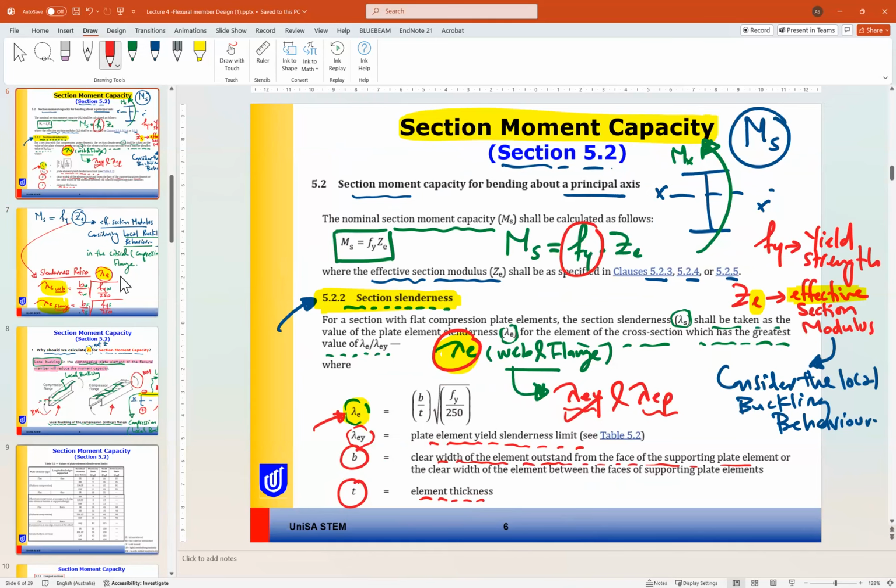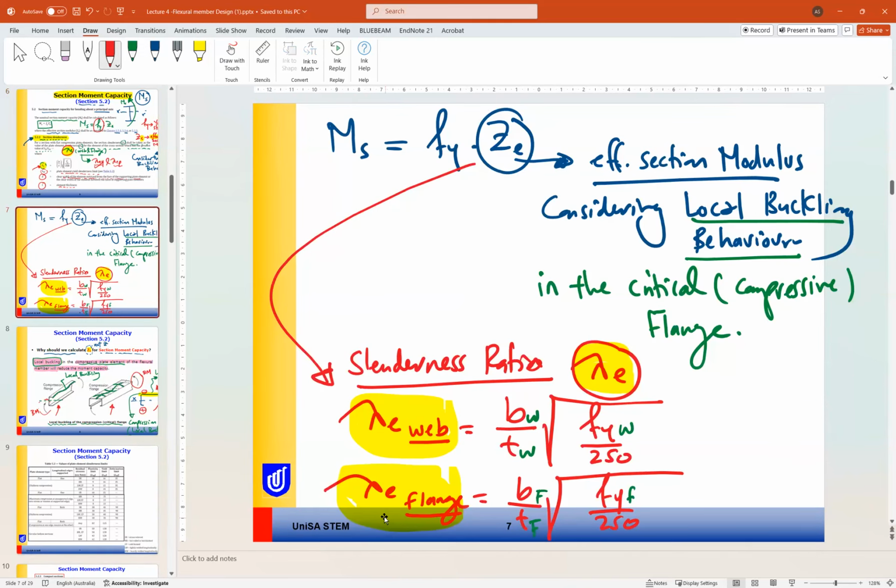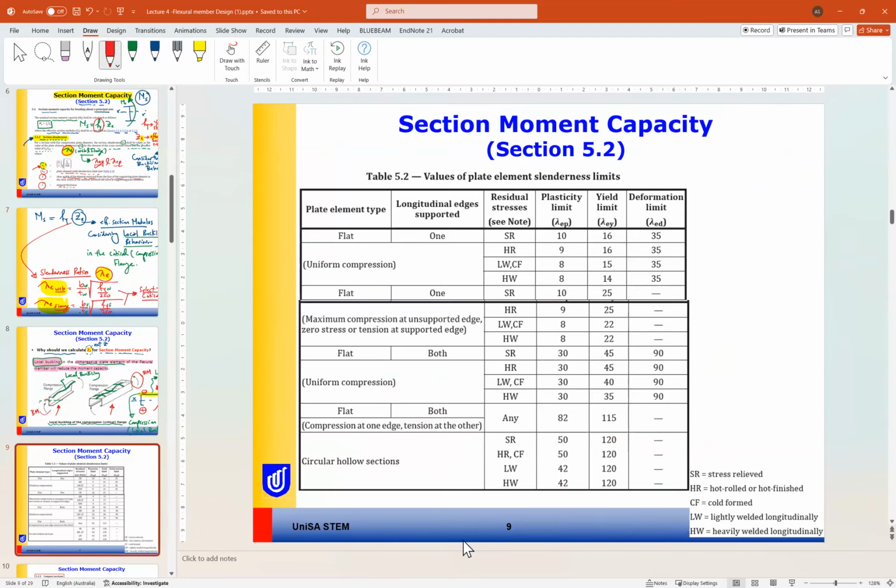So after we get lambda E for web and flange, we need to select the critical. After selecting the critical, we need to compare with the limits. What are the limits for the slenderness ratio? The limits will be found in table 5.2.